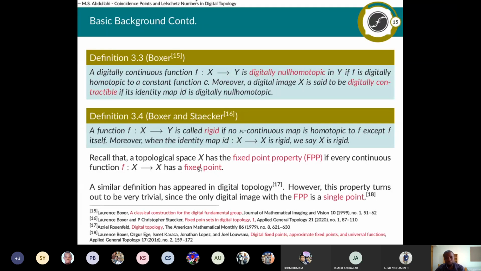A similar definition appeared in digital topology, but it happens that the fixed point property is not interesting in the digital setting. Why? Because the only image that satisfies this condition is a single point image, and this renders this direction almost useless.